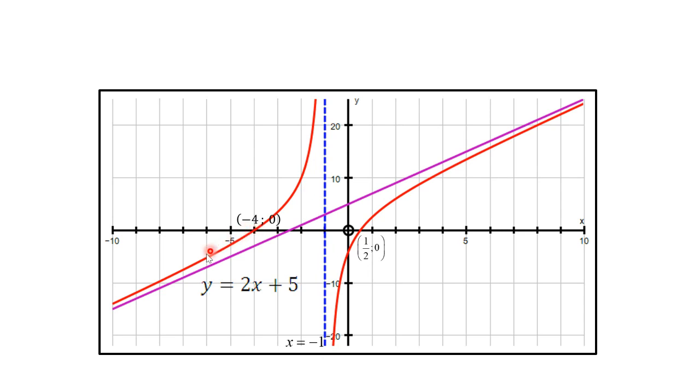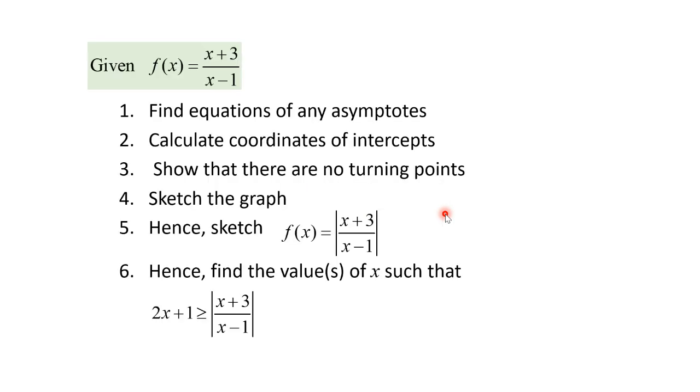Then you will always find that your graph gets pulled towards your asymptotes, always. The shape here was quite predictable. Once you had your x-intercepts and your vertical and oblique asymptotes, you knew that your graph got pulled towards them. Nice and easy.